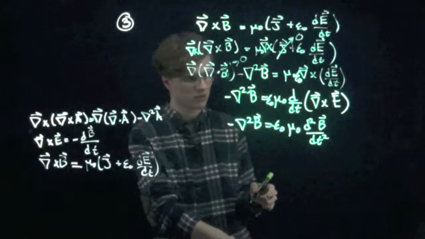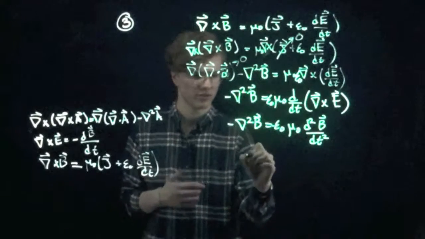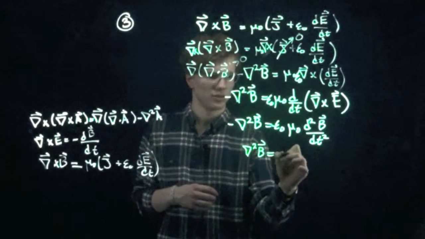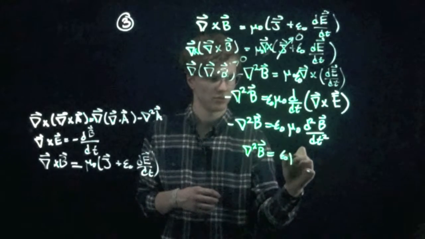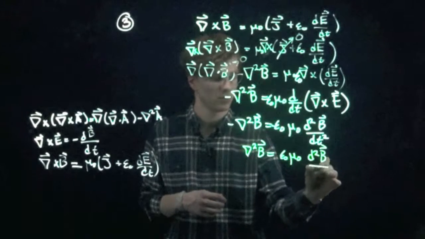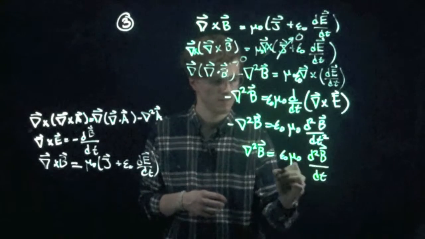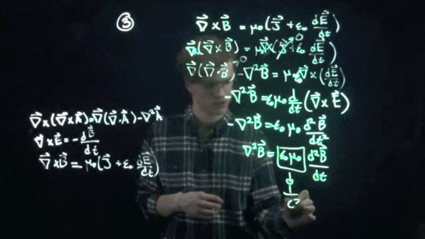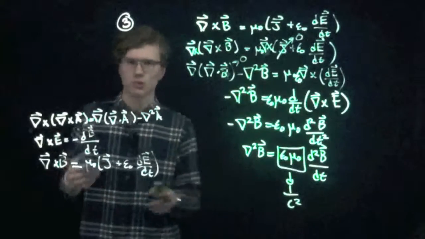So we've got essentially the wave equation once we rewrite this. We also know that epsilon naught mu naught is equal to 1 over c squared. So that's exactly what we would expect.